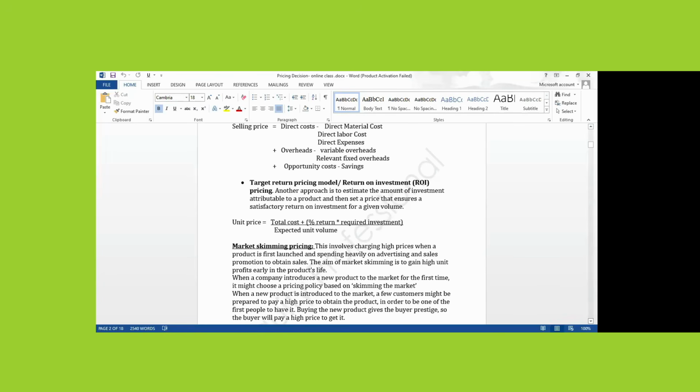Market skimming involves charging higher price when a product is first launched onto the market. I hope it's better.